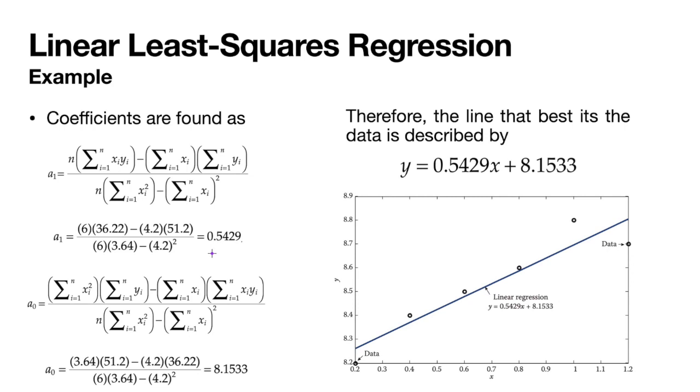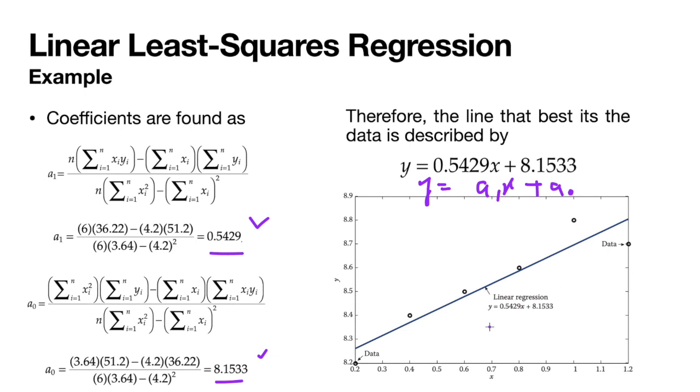So as we have found the value of A1 to be 0.5429 and A naught to be this, we can put them in our general form of the equation. It was y is equal to A1x plus A naught.